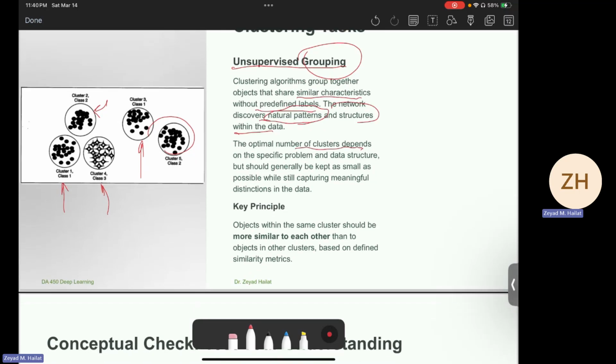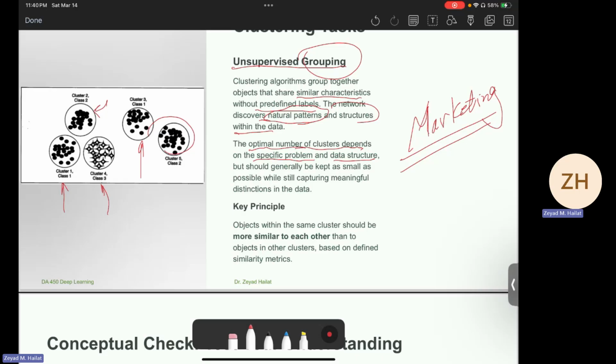The optimal number of clusters: we do not know how many clusters we will have, but it depends on the specific problem that you are solving and the data structure. One common business case for clustering is marketing. You want to find how many customer segments you have.